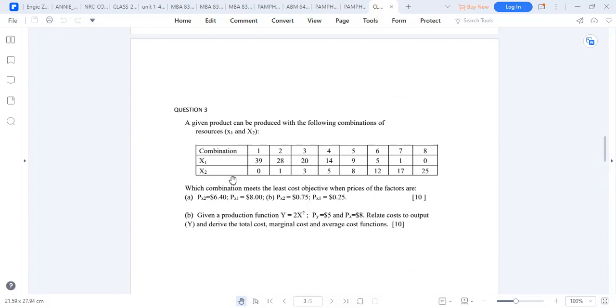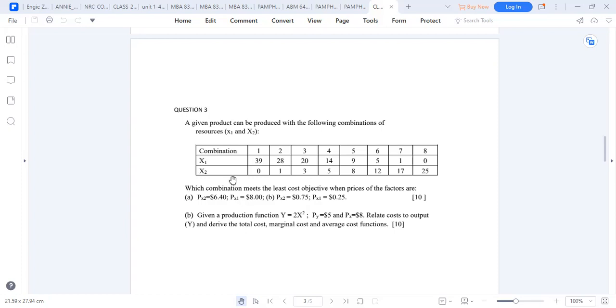Question 3 has given us an isoquant, which has combinations of inputs of two resources, X1 and X2, which could be labor and capital. Those are two key resources. We want to calculate which combination meets the least-cost objective when the prices of the factors are given.